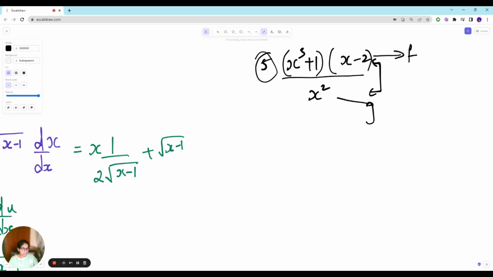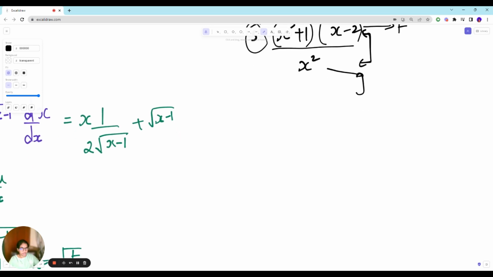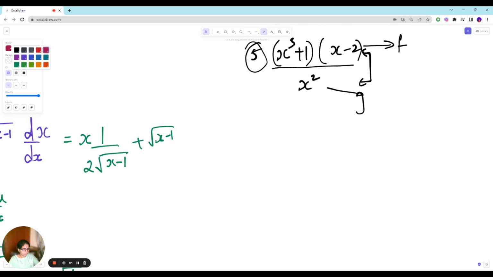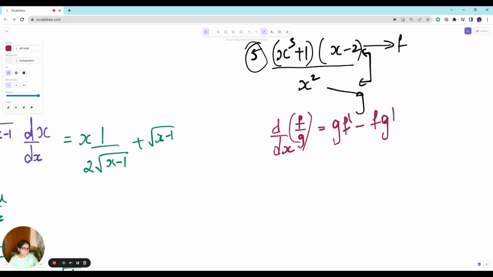Let me write the quotient formula. What was the quotient rule? d by dx of f divided by g is equal to, keep the denominator as it is, derivative of f minus f g dash, divided by g square.